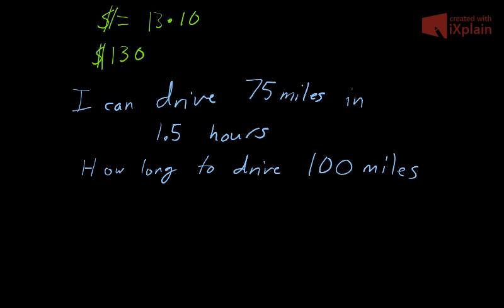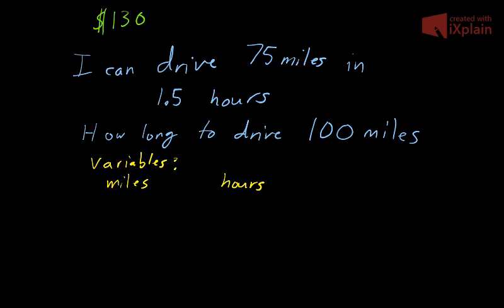My 2 variables are going to be miles and hours. We're going at the same speed the whole time, so this is directly proportional, and we start off at 0 miles at 0 time because you can't go anywhere with 0 time.